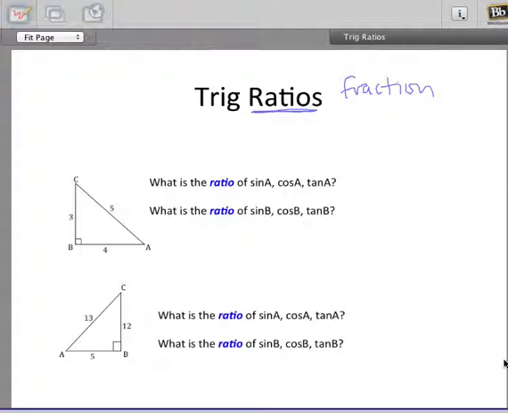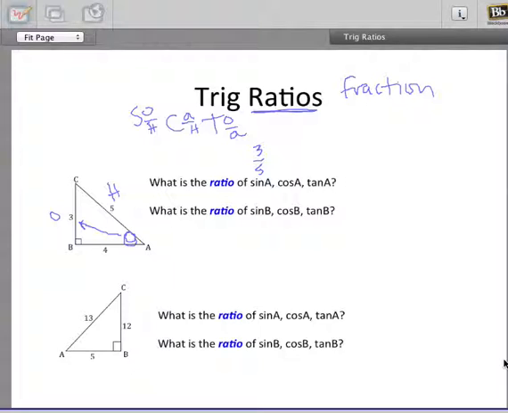So, for instance, what is the ratio of sine of A? Well, sine is opposite over hypotenuse. Cosine is adjacent over hypotenuse, and tangent is opposite over adjacent. So the ratio of sine of A is going to be opposite, which is the 3, over hypotenuse, which is the 5. And that would be my answer, because a ratio is a fraction.